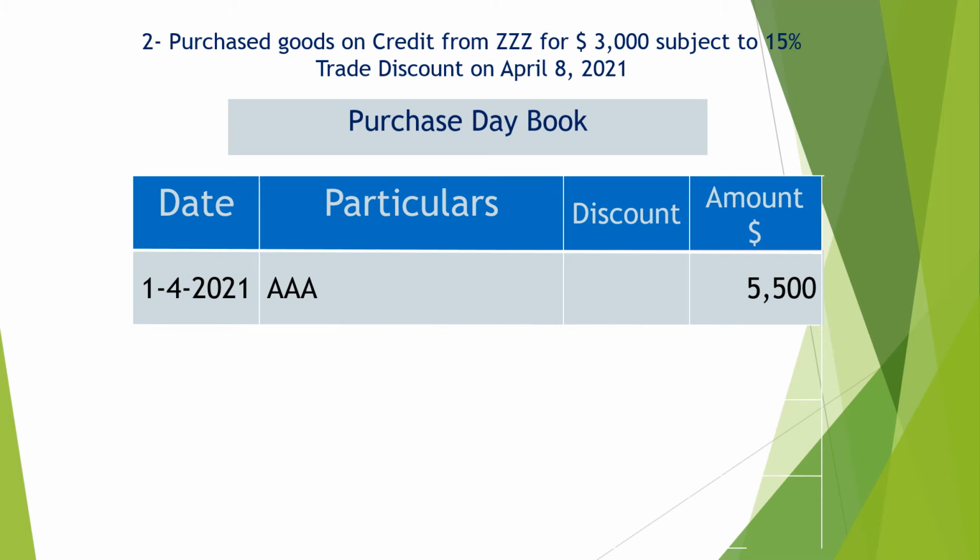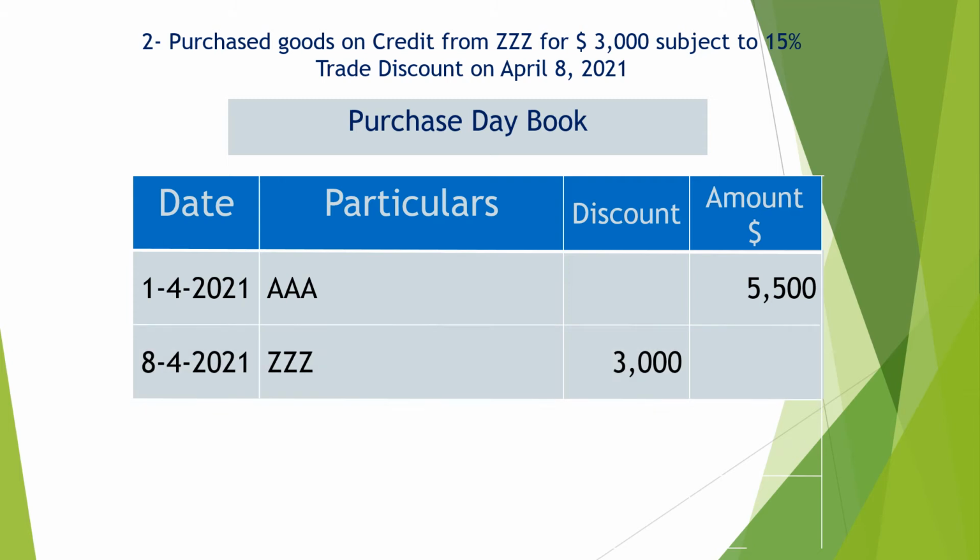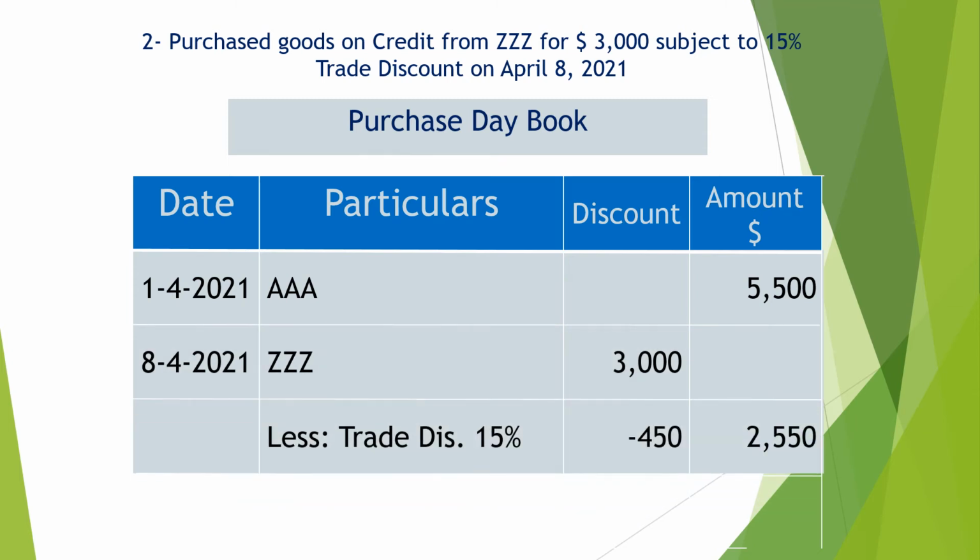So we can see here the recording is the same as per previous. And now we will calculate the trade discount. We will reduce the trade discount from the amount, and the net amount, which is 2,550, will be recorded here.